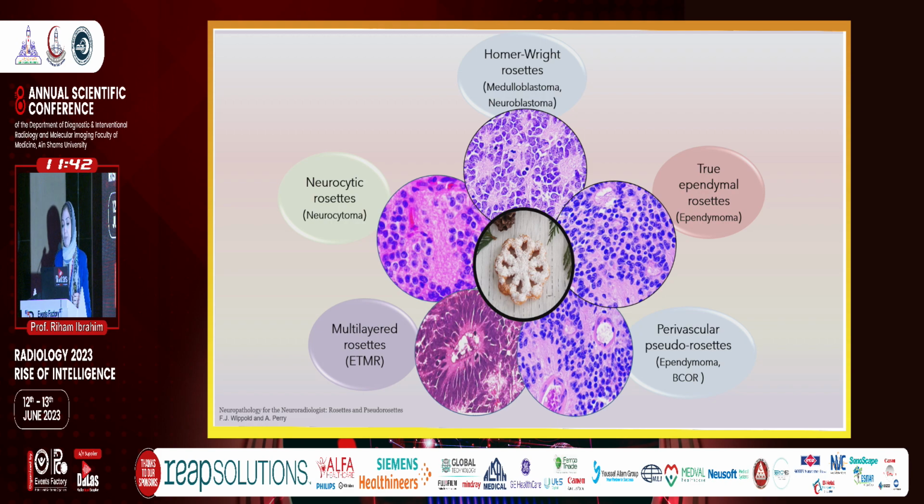This is in medulloblastoma. Here we have the true ependymal rosettes around central canals. Here we have the perivascular pseudorosettes. It is in the ependymoma and the BCOR-altered tumors. The ATRT has multi-layered rosettes, and there are neurocytic rosettes in neurocytoma and so on. So there are a lot of clues in the rosettes in our slides.